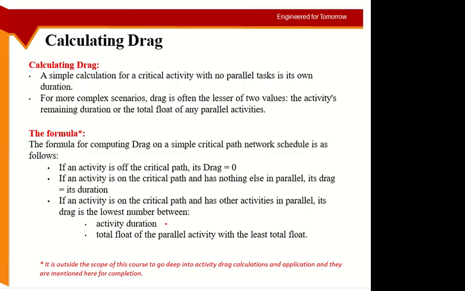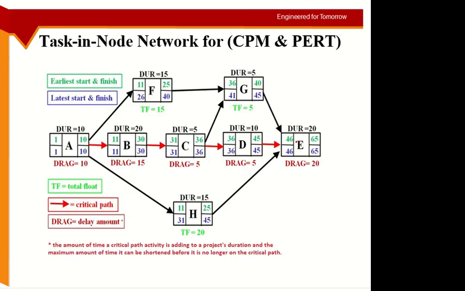So they are saying if you have parallel activities, then the drag is either equal to the activity duration itself, or the total float of the parallel activity with the least total float. So if I go here, the float is 20 days, 11 minus 31, 20 days, and here the total float is 15 days.